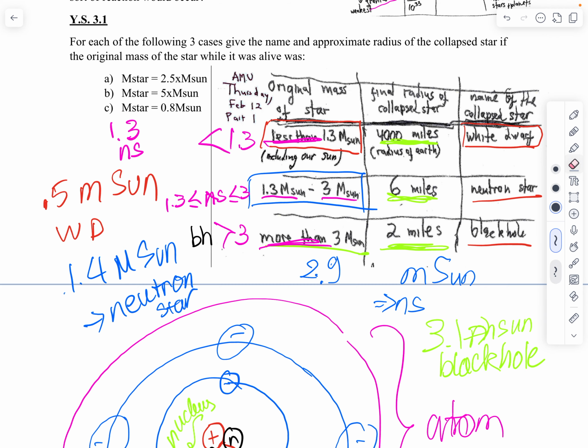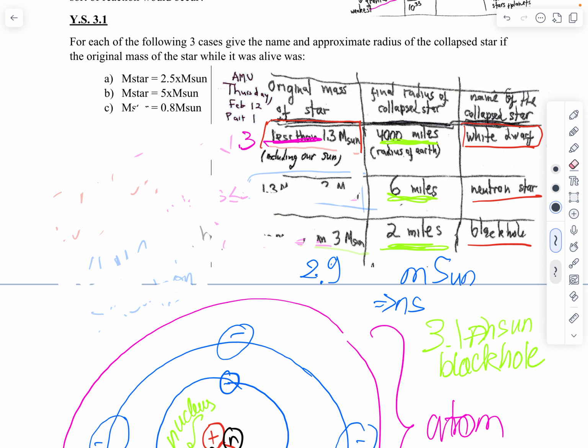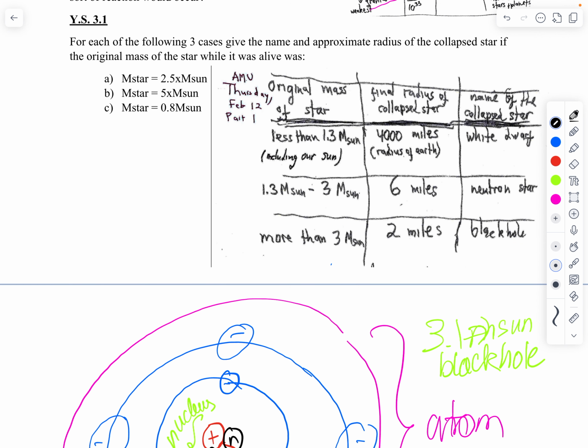Yeah, I kind of have them out of order, making them a little messy. Let me write it again. Actually, I think it'd be better to look at. So if it's less than 1.3, you pay attention to less than, it's a white dwarf. This one's 1.3 to 3, and this is a neutron star.